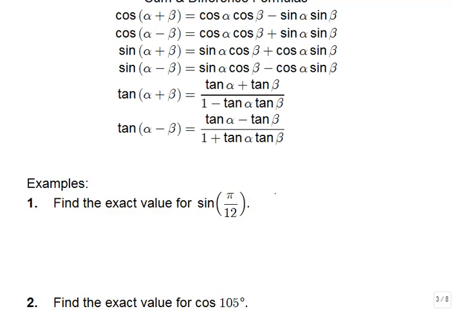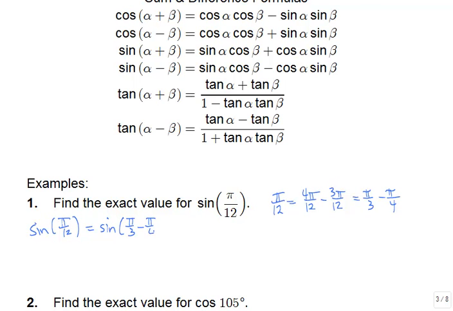And what you want to notice is that pi over 12 is 4 pi over 12 minus 3 pi over 12. And 4 pi over 12 reduces to pi over 3, and 3 pi over 12 reduces to pi over 4. So instead of finding sine of pi over 12, I'm going to change this into pi over 3 minus pi over 4.